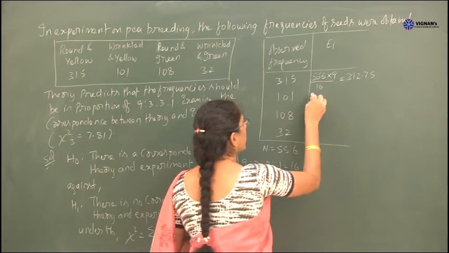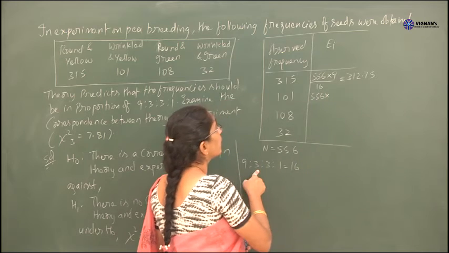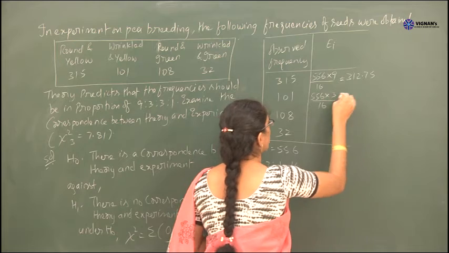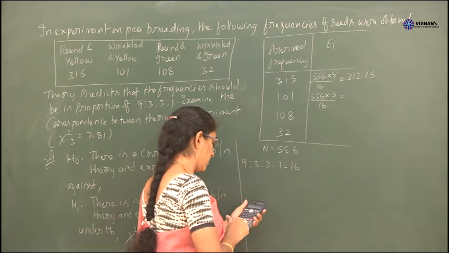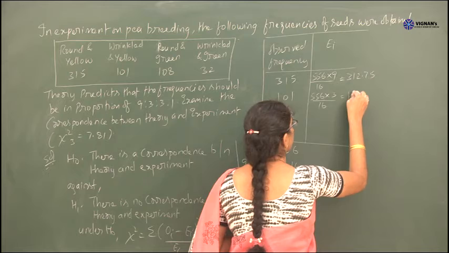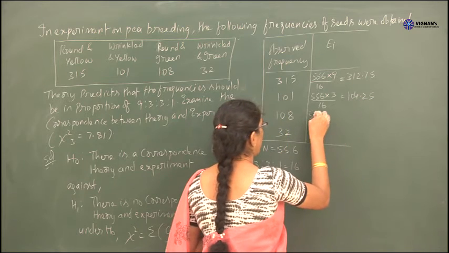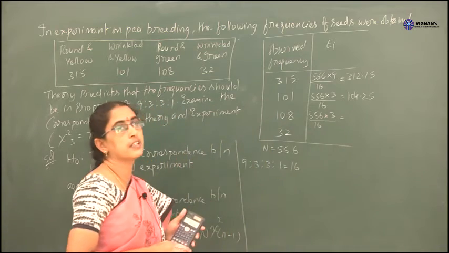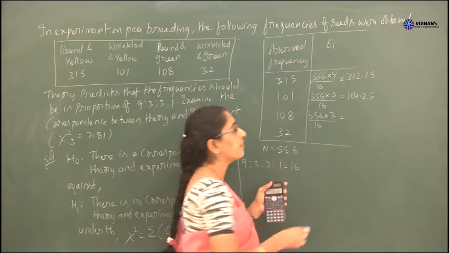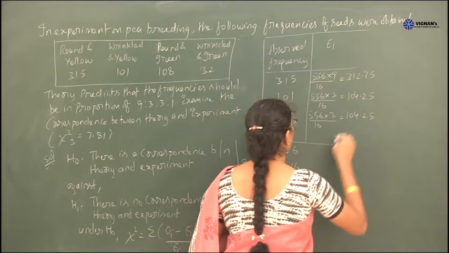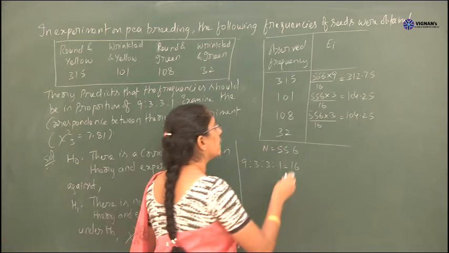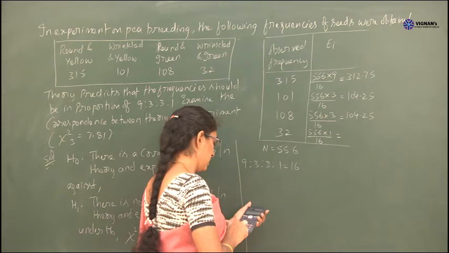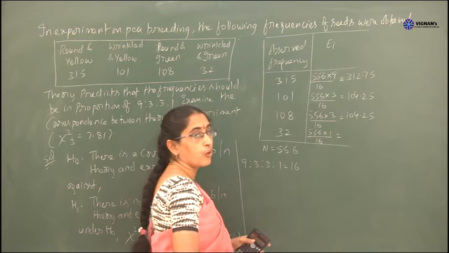Then 556 into 3 by 16 for wrinkled and yellow is 104.25. Next 556 into 3 by 16 for round and green gives the same value, 104.25. And for the last one, wrinkled and green, 556 into 1 by 16 is 34.75.